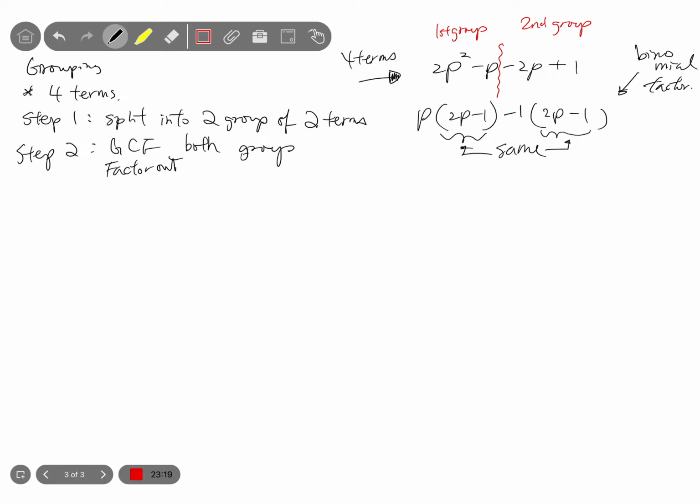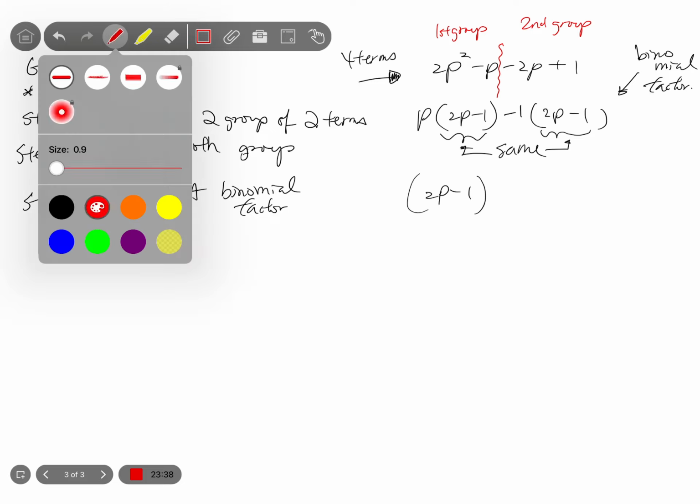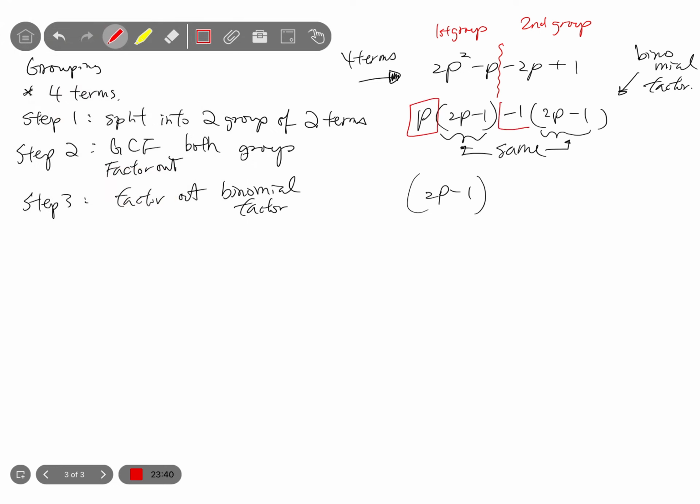So from here, to finish grouping, we're going to factor out the binomial. So step 3, factor out binomial. So I have 2p minus 1 on the outside, and my leftover is p minus 1 on the inside.